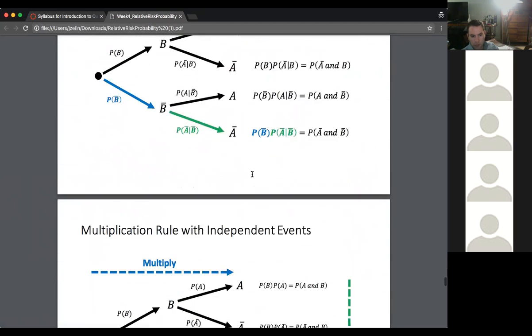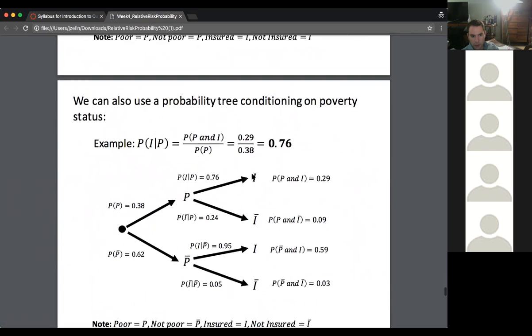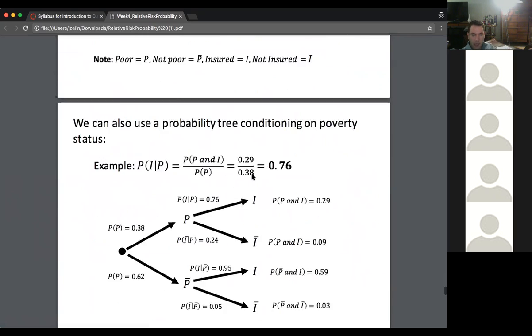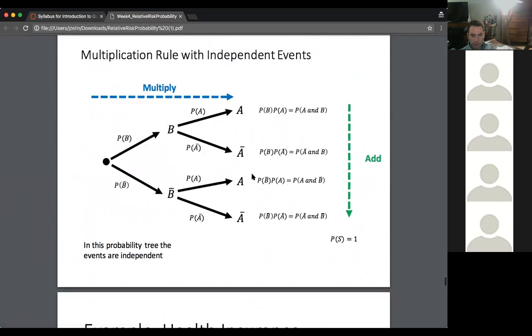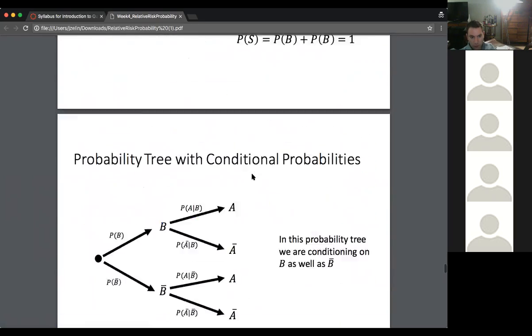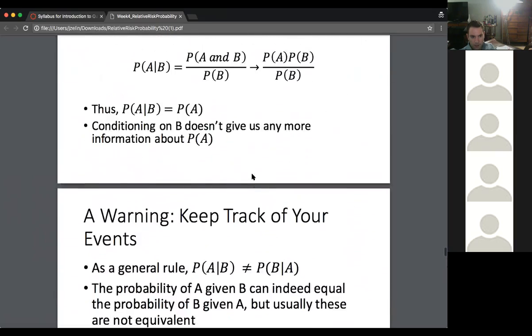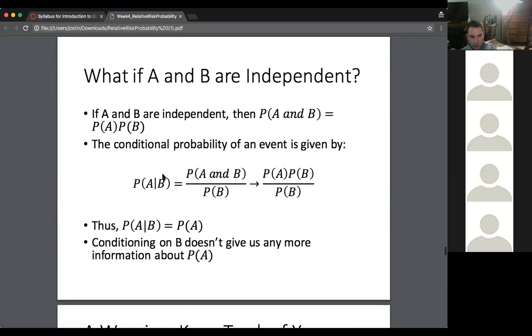So, you know, with the relative risk, you're comparing 2 conditional probabilities, but if you're going to be calculating a conditional probability in itself, you're going to be using unconditional probability, right? Because of the definition of a conditional probability.